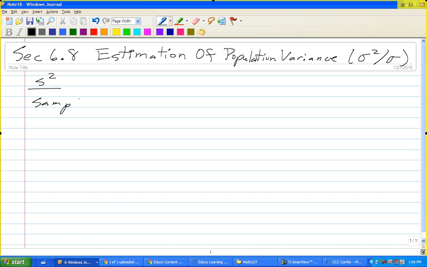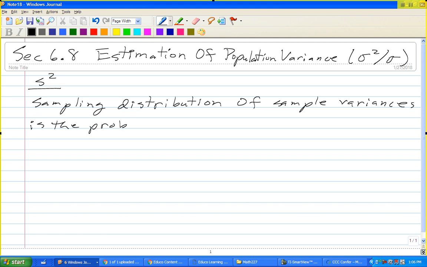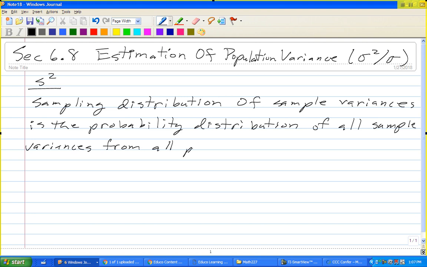The sampling distribution of sample variances is the probability distribution of all possible sample variances from all possible samples of size n.